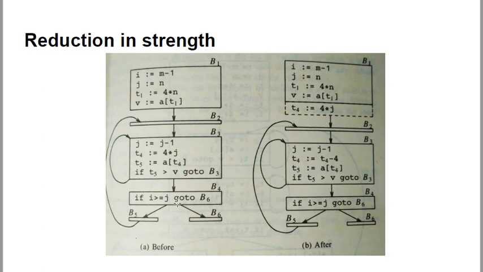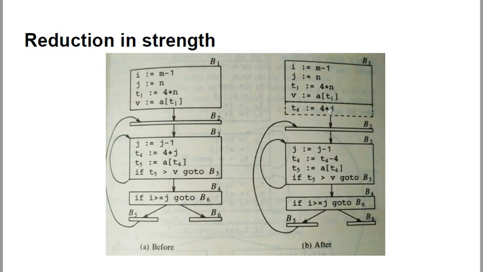It follows that just after the statement J is equal to J minus 1, the relationship T4 is equal to 4 into J minus 4 must hold. So we may therefore replace the assignment T4 is equal to 4 into J by T4 minus 4. So over here you see the computation is the same, the results will be the same, but over here you see that this T4 is equal to 4 into J is moved up, right?